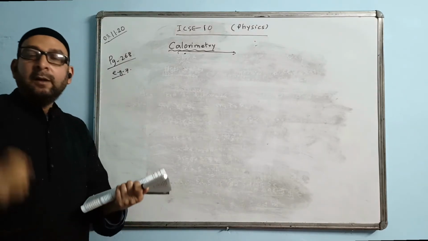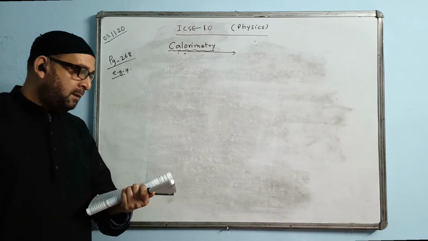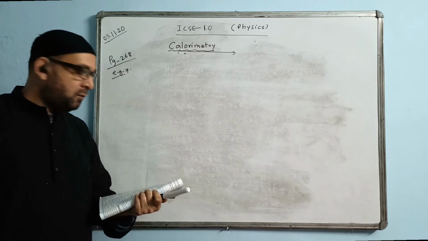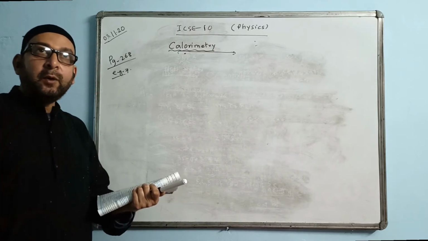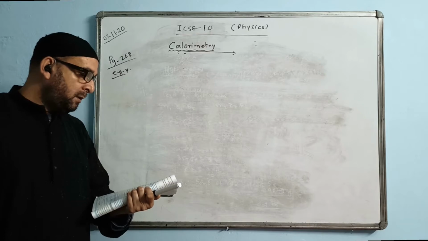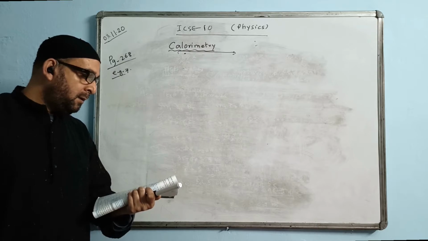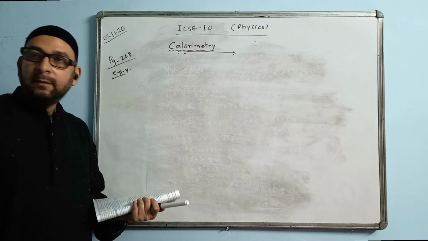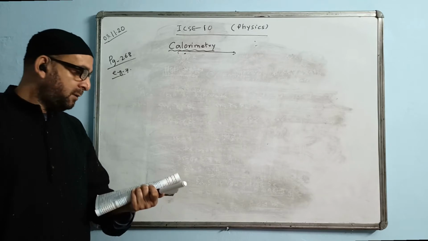The question says: 40 gram of water at 60 degrees Celsius is poured into a vessel containing 50 gram of water at 20 degrees Celsius.